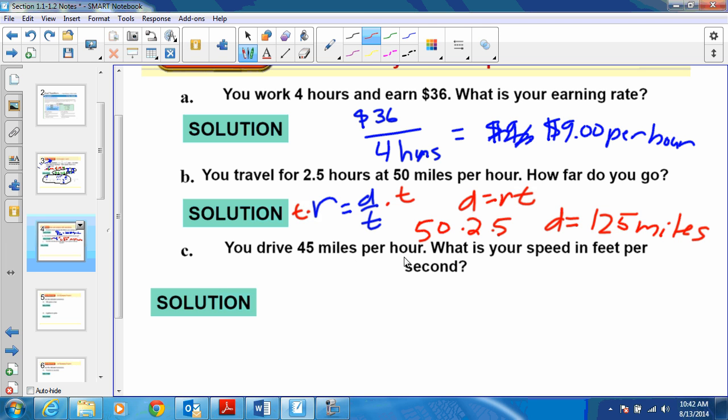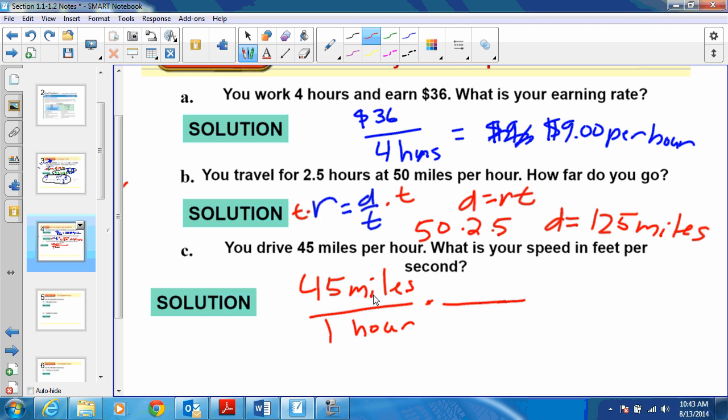You drive 45 miles per hour. What is the speed in feet per second? Okay, so we've got to change it. So we've got 45, whatever the first unit is goes on top. So 45 miles per 1 hour. And we're going to multiply that by a fraction that changes miles to feet.